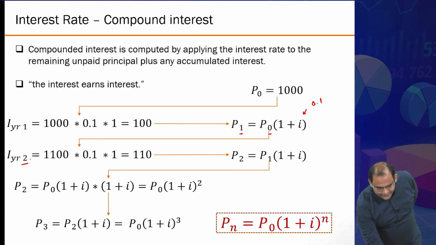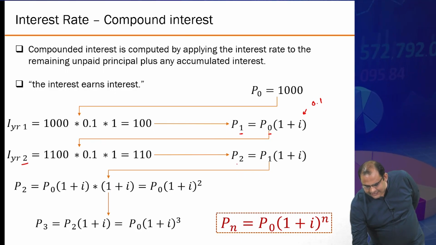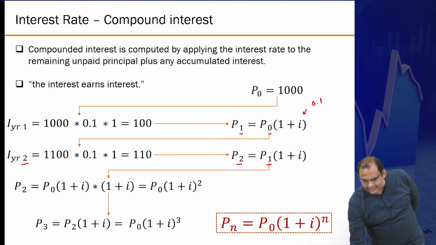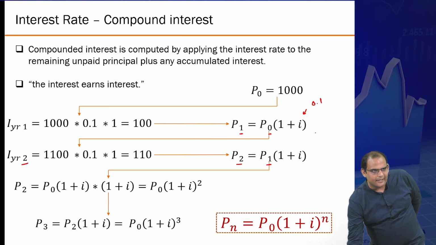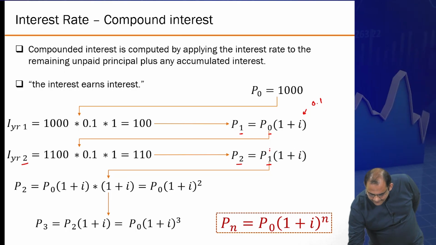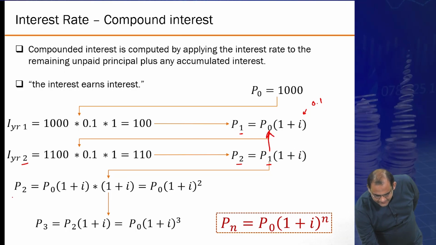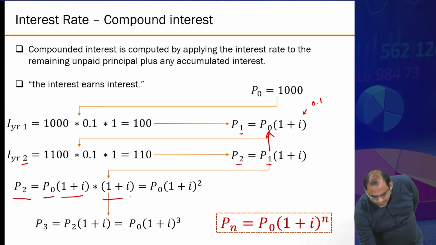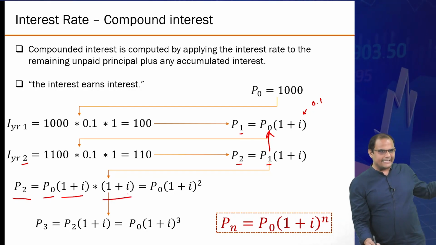And at the end of year 2, if you do the calculation again, P2 is equal to P1 into 1 plus I. Now P1 is again P0 into 1 plus I. So you just replace this P1 by this P0 into 1 plus I. P2 is equal to P0 into 1 plus I into 1 plus I. Making sense?